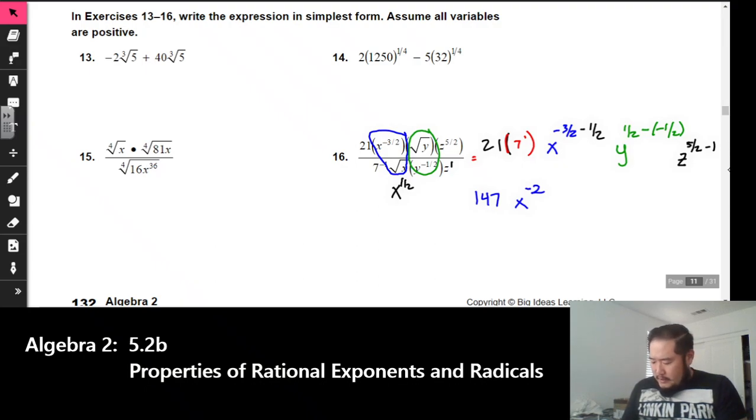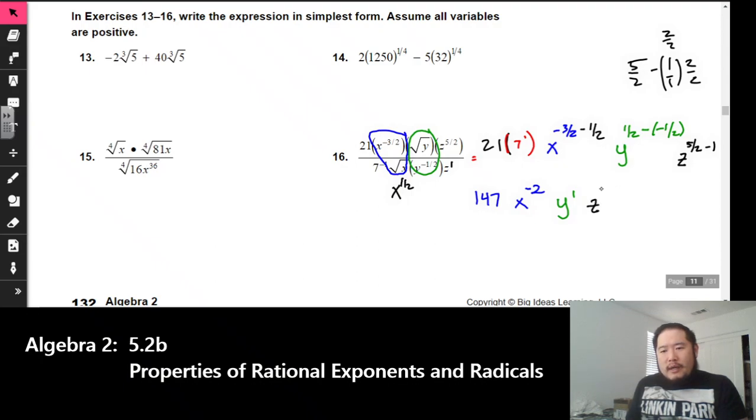For the y's, I've got 1/2 minus negative 1/2. That'll give us y to the 1st power. And then we have 5/2, and we're going to subtract 1. We get common denominators, so this will become 2 over 2. So 5 minus 2 is 3, and then we have ourselves 3/2.